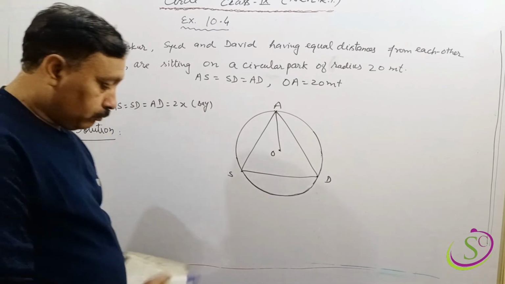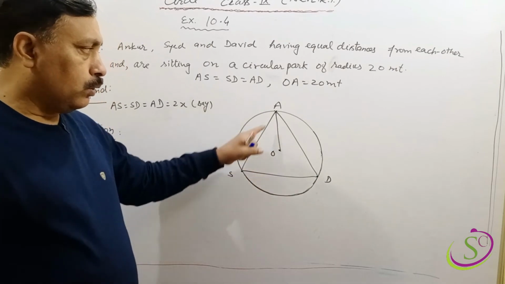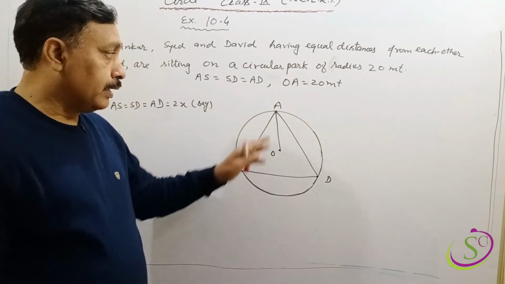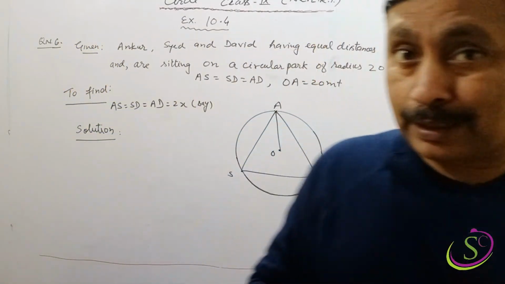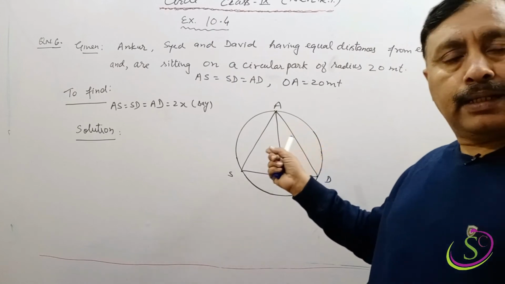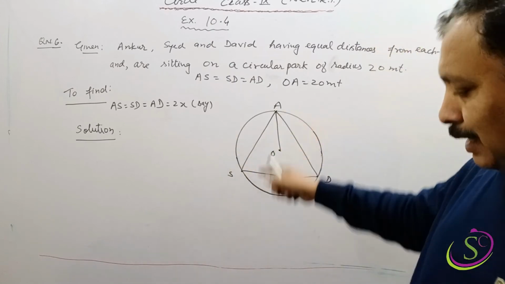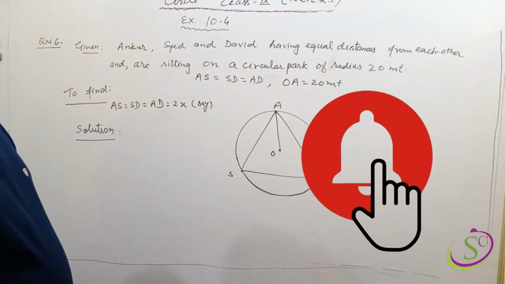Here the circle is passing through all the vertices of this triangle. So this circle is also known as the circumcircle of this triangle. Clear? And the triangle having all three sides equal means AS equal to SD equal to AD.